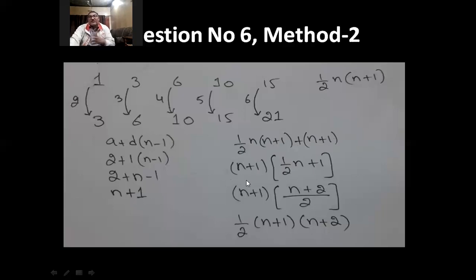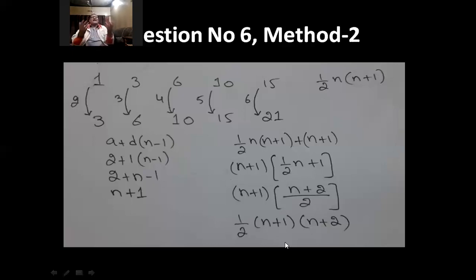When you take the n plus 1 bracket common, you are left with 1 by 2 n plus 1. So when I take the LCM of these two, it will become n plus 1 outside. Inside you will have n plus 2, the whole thing divided by 2. And then you can rearrange it. 1 by 2 can be written on the side. So you will have 1 by 2 into n plus 1 into n plus 2.